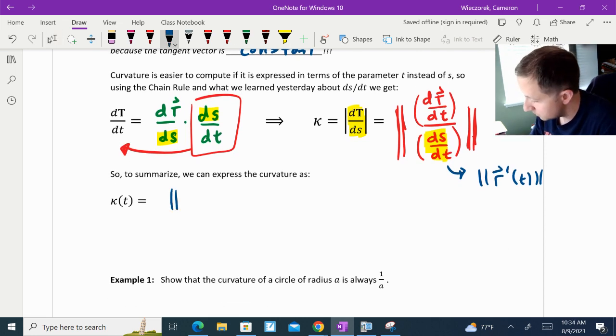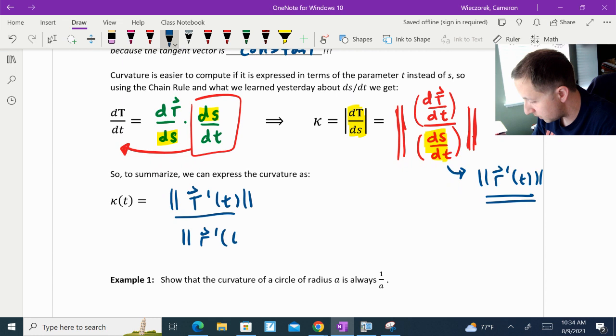This would be the rate of change of capital T with respect to t, otherwise known as T prime of t if we use prime notation, divided by ds/dt, aka the magnitude of r prime of t. So notice now we've eliminated arc length from the formula. We have a way of computing the curvature just from knowing the parameter t.